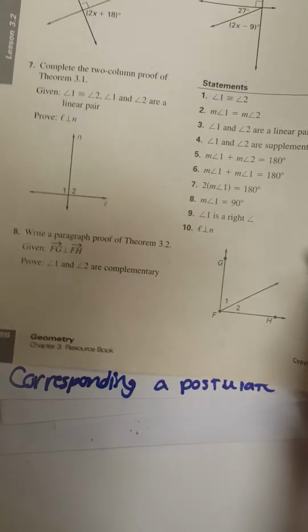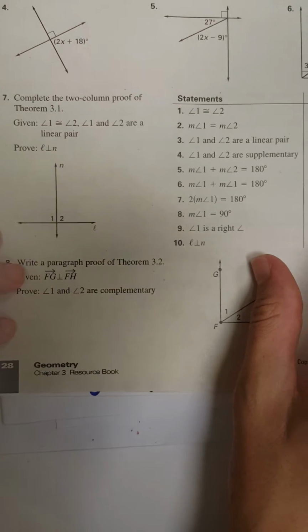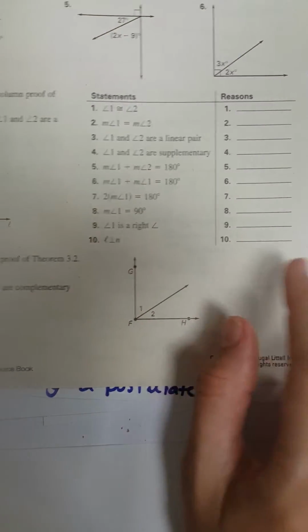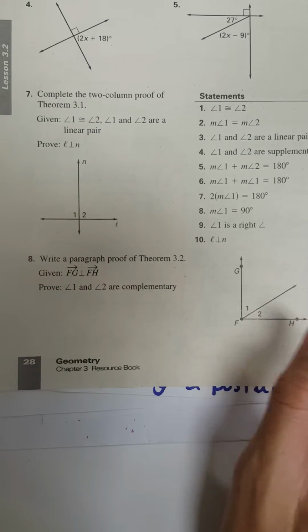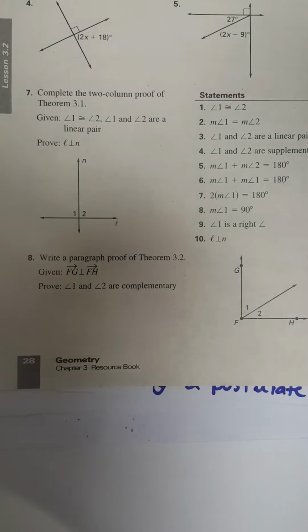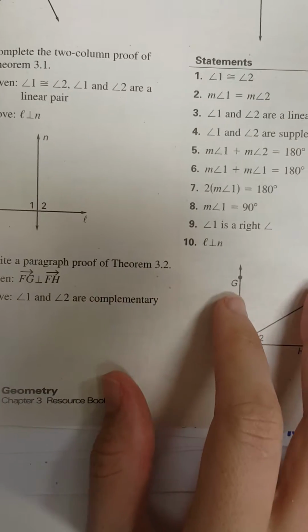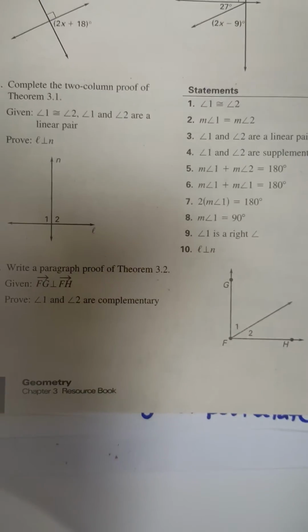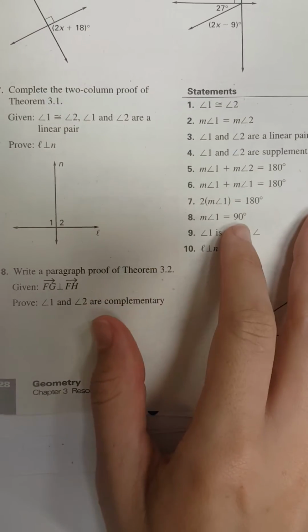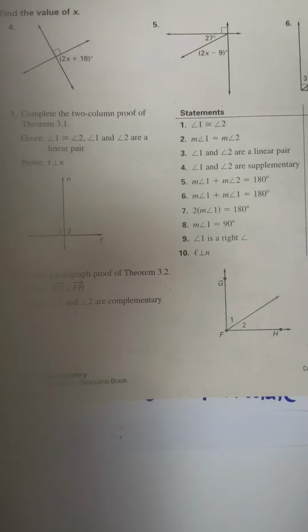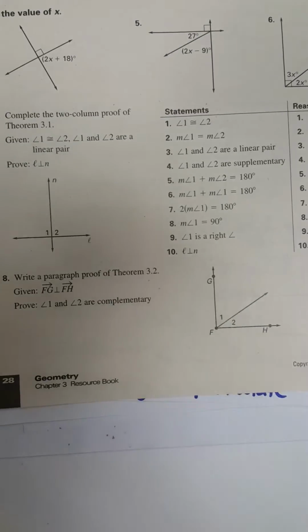Okay, last one we're going to do together. I didn't write this one out, so let's see if we can fit it on there. Notice all of these are blank right here. So we're doing number 7. Let's adjust that a little bit. Okay, so we're trying to prove theorem 3.1.